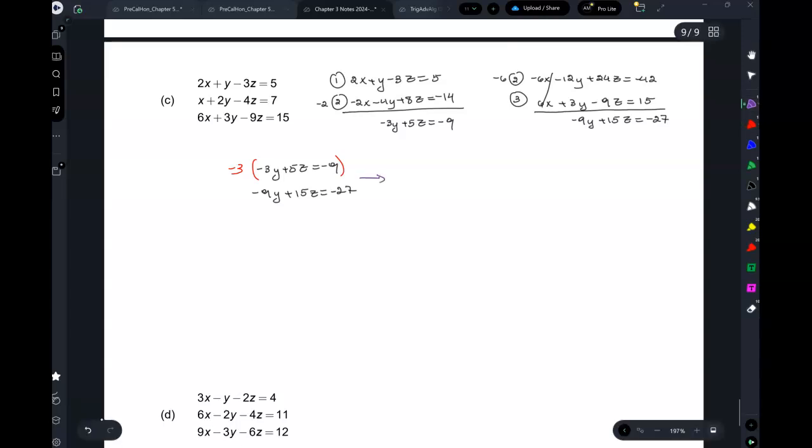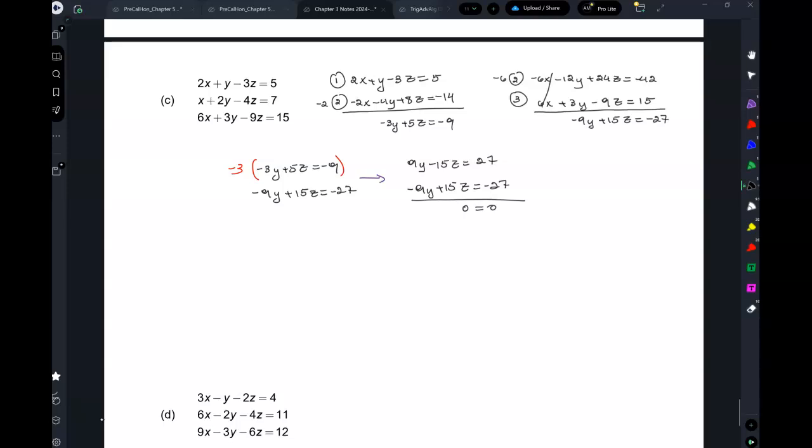The bottom one remains unchanged. The top one becomes positive 9y, negative 15z, equal to 27, right? And look at that. I get 0 equal to 0.